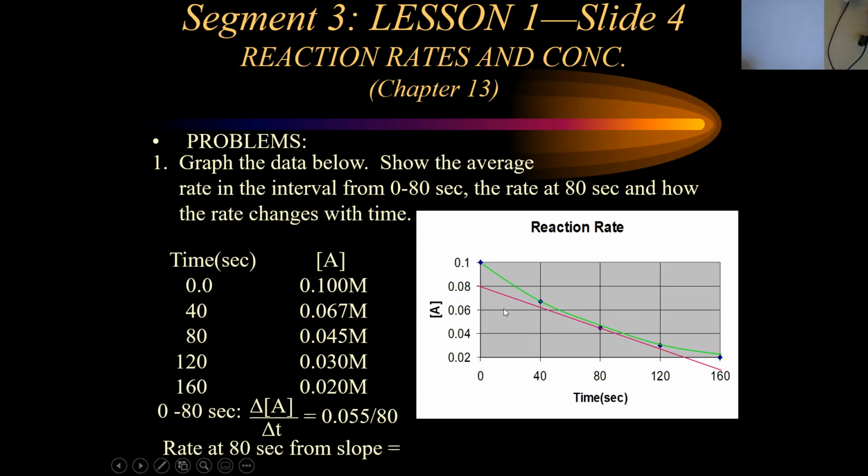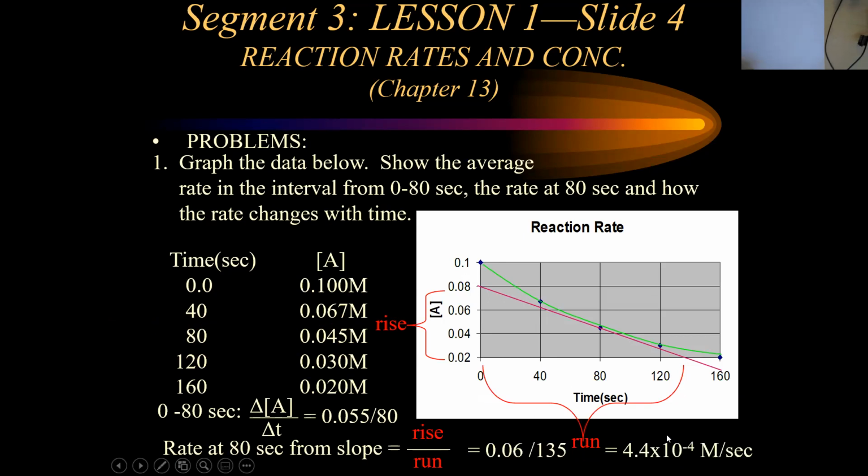And so I'm drawing that tangent at that point, and then the slope of the line is the rise over the run. The difference from here to here is the rise. The difference from here to here, where it crosses here, is the run.